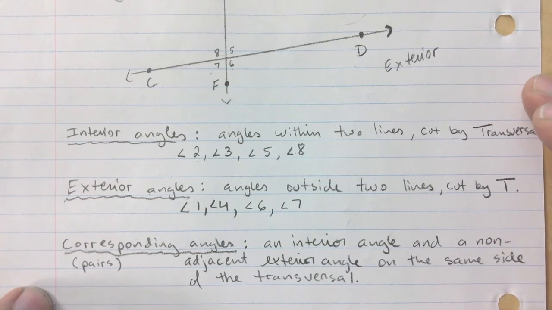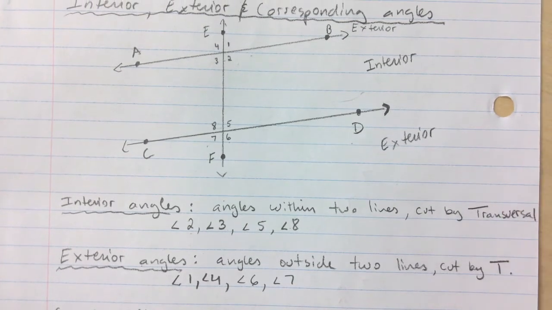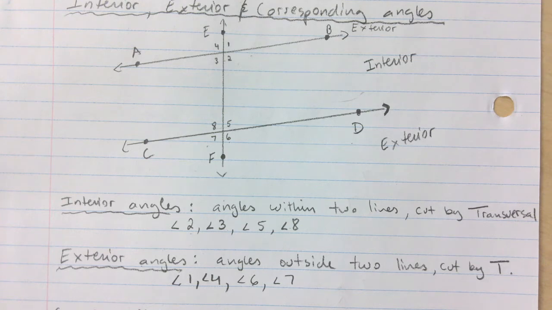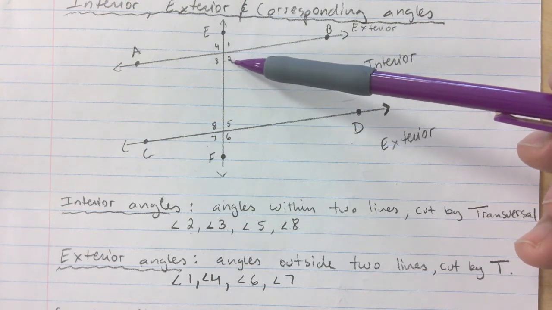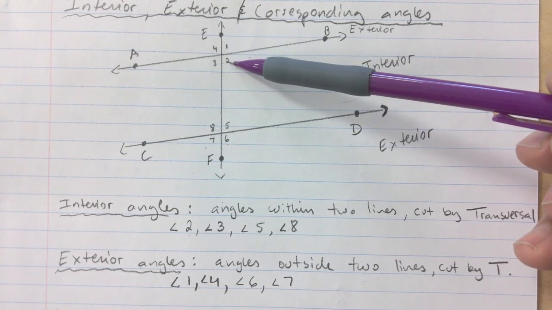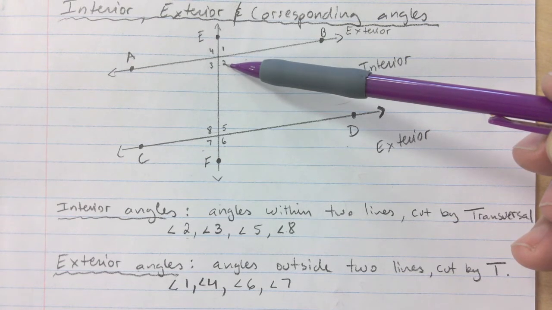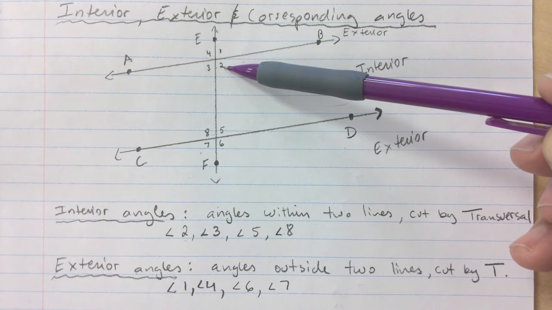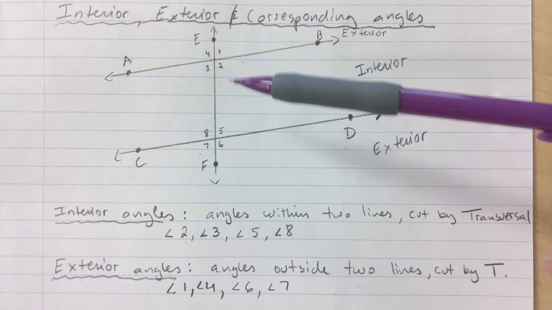So we'll go up and say pick an interior angle, any one of the interior angles, for instance. So let's say you pick 2. So it says one interior and one exterior angle that is non-adjacent. What does non-adjacent mean? Anybody? They're not next to each other, right?